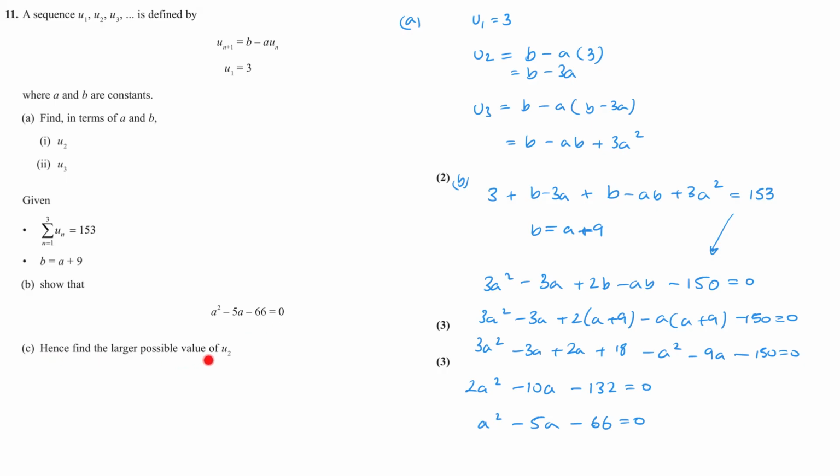And that is what we had to find. Hence find the larger possible value of u2. So first we need to solve this for a. It's a and a, 11 and 6, minus 11 plus 6. Therefore a equals 11 or a equals negative 6. So those are my two answers, and now I'm going to substitute those into u2.